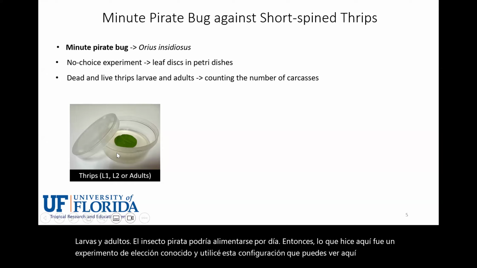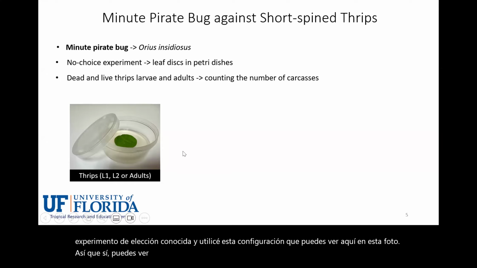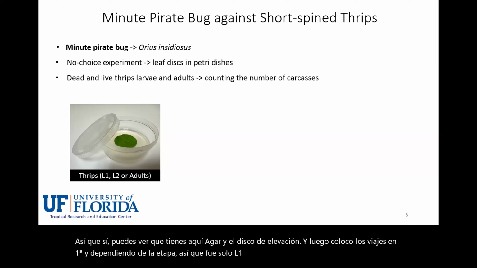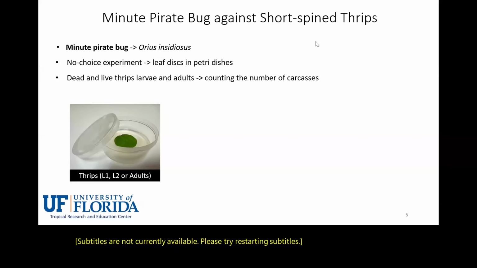You have agar and a leaf disc, and I placed the thrips first, depending on the stage, L1, L2, or adult thrips. Then I placed the predator in the arena, closed the pot, and waited for 24 hours. After 24 hours, I counted the number of eggs and the number of carcasses that we found on the leaf disc.